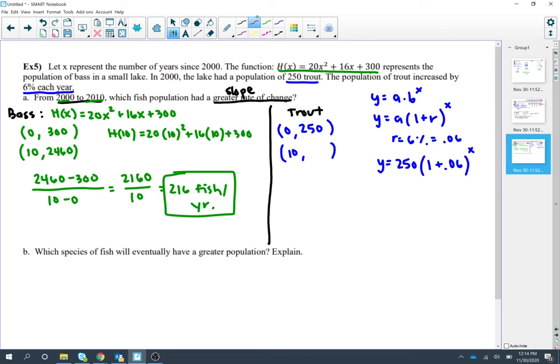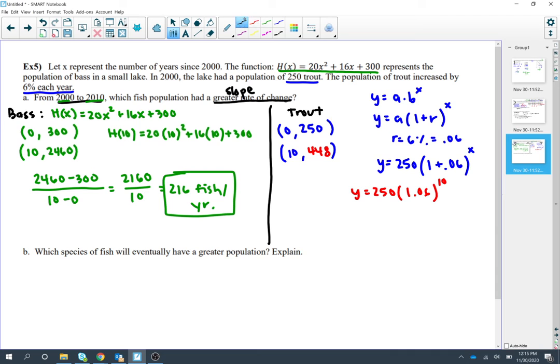So I'm going to use my formula. I'm going to do y equals 250 times 1.06 to the 10th power. Okay, you take a second, I'll take a second. Substitute that in our calculators. And I got 447.7, which I'm going to round to 448 because we're talking about fish and you really can't have 0.7 of a fish.